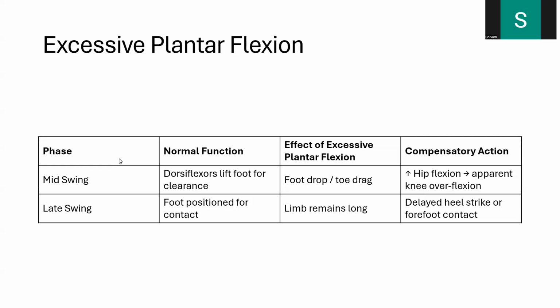In mid-swing, the normal function is the dorsiflexors lifting the foot for clearance. Because of excessive plantar flexion, foot drop or toe drag occurs. Here, the compensatory action is excessive hip flexion, which causes an apparent knee flexion.